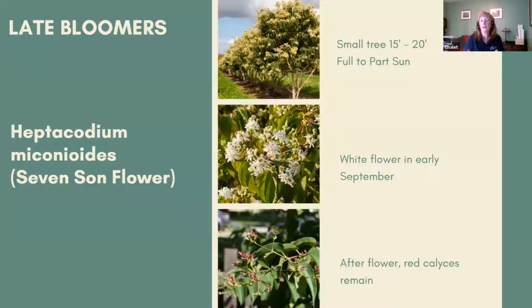Those stay on the tree and they turn a deep rosy red. It's beautiful, and this thing is swarmed with bees when it blooms. They love it. It's a native. It has the added bonus of, in the wintertime, getting a shaggy, peeling bark. It's just a great tree to use near a patio or as an understory tree. I have it right off of my patio in my backyard.